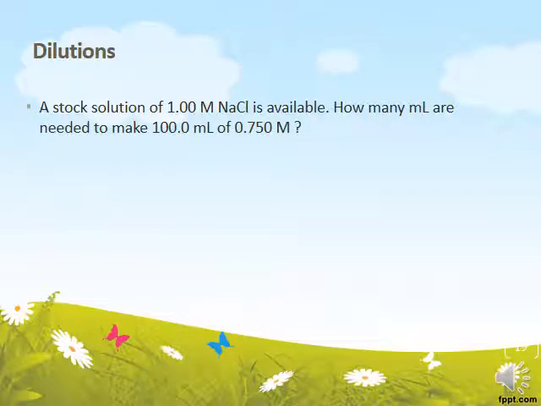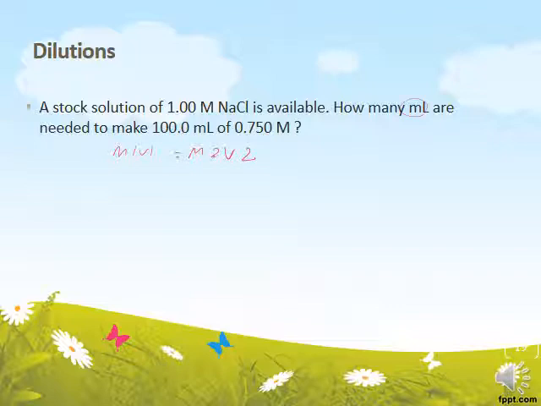So next, a stock solution of 1 molar sodium chloride is available. How many ml of this stock solution are needed to make 100 ml of 0.75 molar solution? So again M1V1 = M2V2.